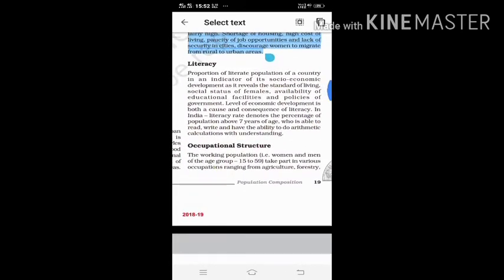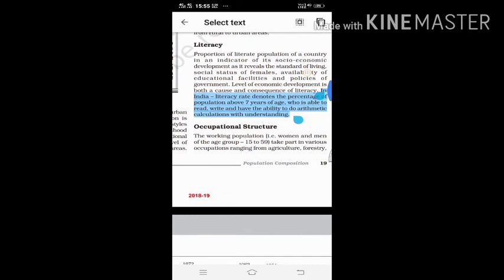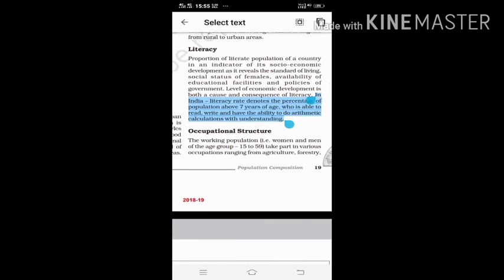So now let's come to literacy. Yeah, so in literacy rate, nothing here to explain, but remember this part, that in India the literacy rate denotes the percentage of population above 7 years of age who is able to read, write, and have the ability to do arithmetic calculation with understanding.